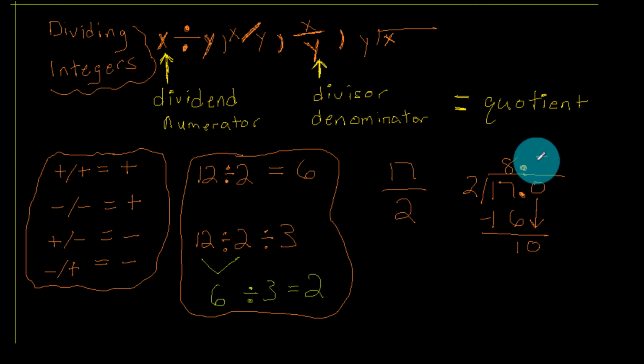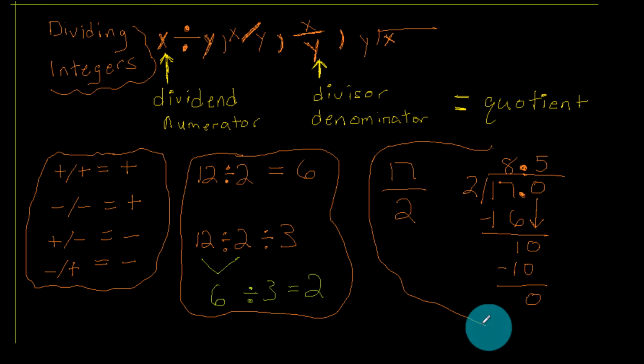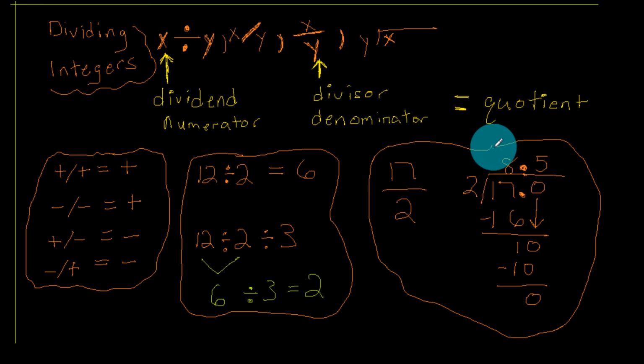So, 5 times 2 is 10. Now when I subtract, I bottom out at 0. There's no remainder here. My remainder becomes a decimal. So what we can see here is that remainders can be expressed as fractions, decimals, and even sometimes they'll be expressed as percents. Let's go ahead and just box this last problem up.